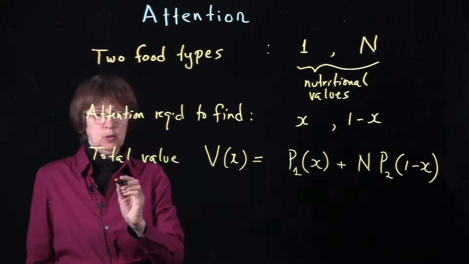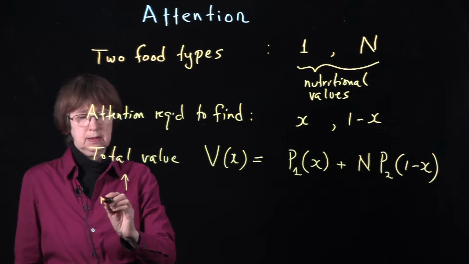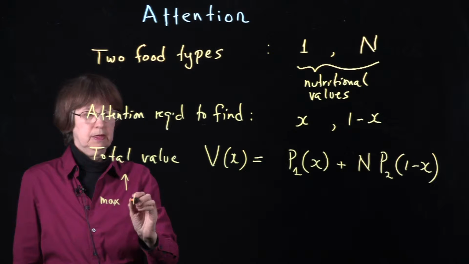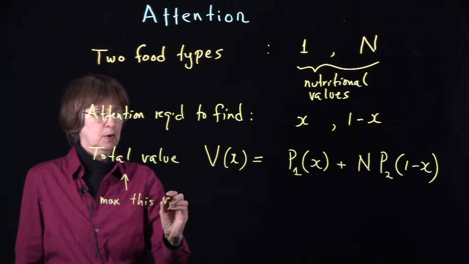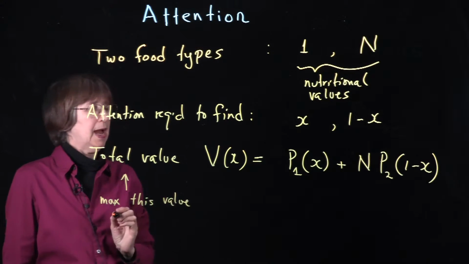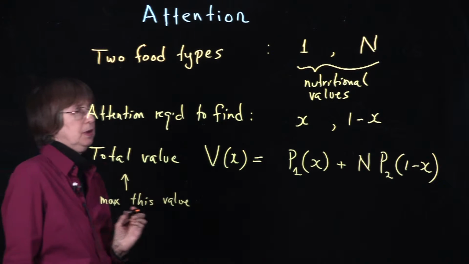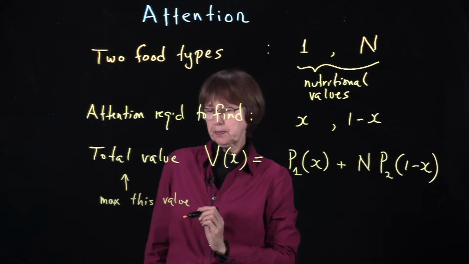The idea is going to be that we'd like to somehow maximize this value. And the question is, how should the animal subdivide its attention in order to do so?